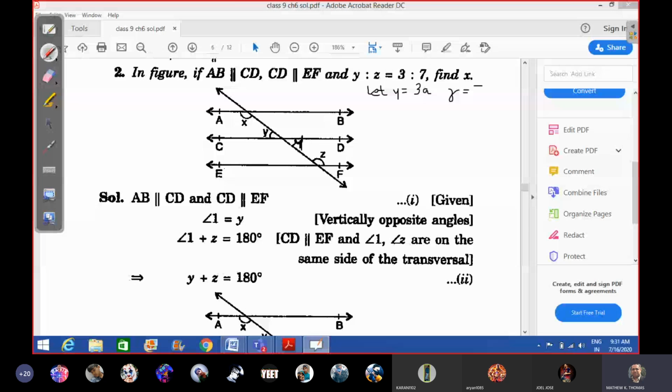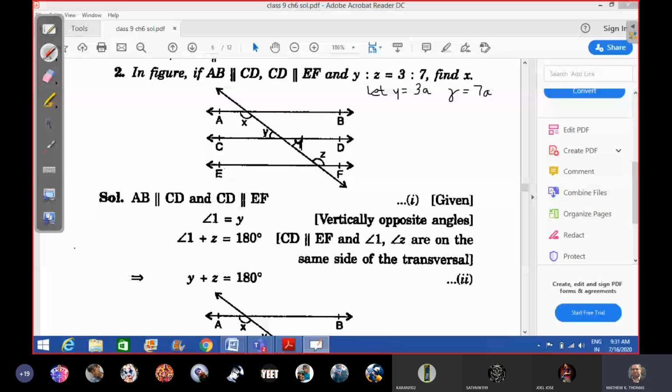Now, what type of angles are y and z? Do you remember? Just now we did different types. No, these are not alternate. They are on the same side. Alternate means one should be on this side and one on that side.